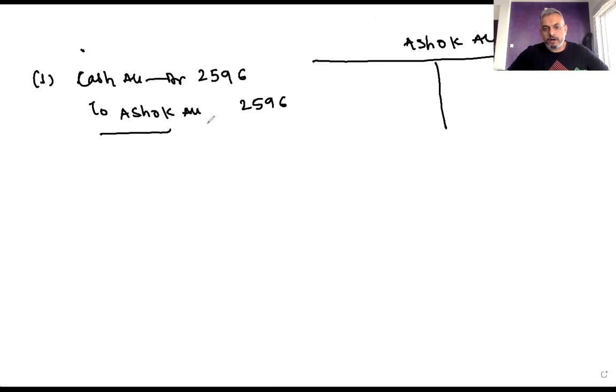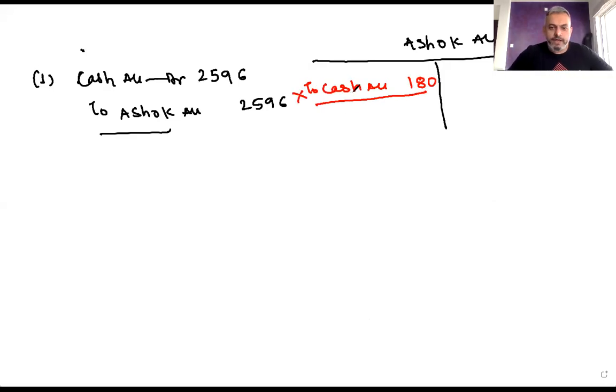Now, Ashok account should be credited with 2596. But what we have done, we have debited it with rupees 180. We have wrongfully debited it with rupees 180. So on the debit side, we have recorded 180 cash account, which is absolutely wrong.